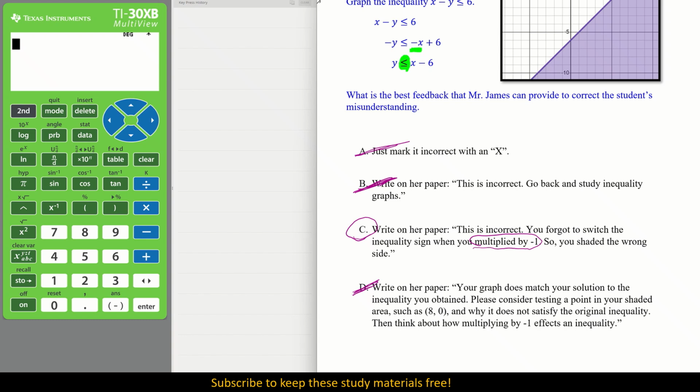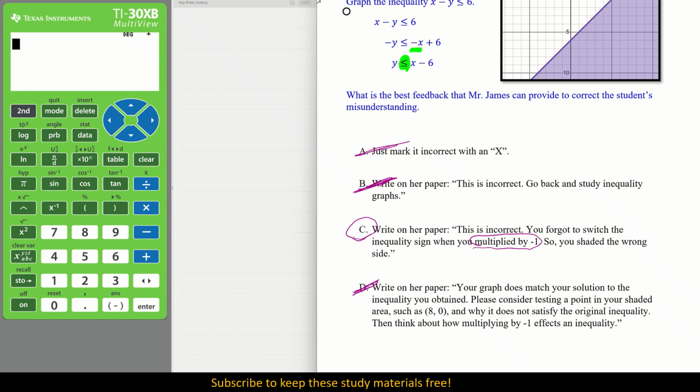If you have (8, 0) and put in 0 for the y and 8, that would be -8 plus 6, which would be -2. That's not going to work either. That just shows that you don't know what you're talking about. D's definitely not an option.